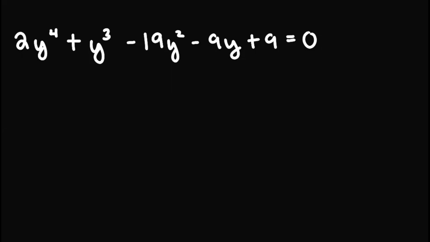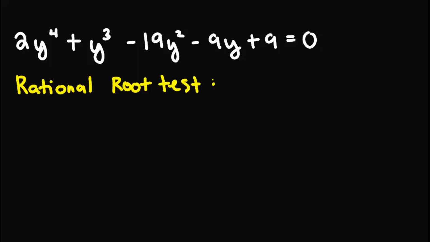So by rational root test, you can verify that a possible rational root out here is negative 1. So how did we arrive at that? You may check out the previous video since I put out a similar example. It's actually the same example wherein we showed the possible rational roots of this equation.